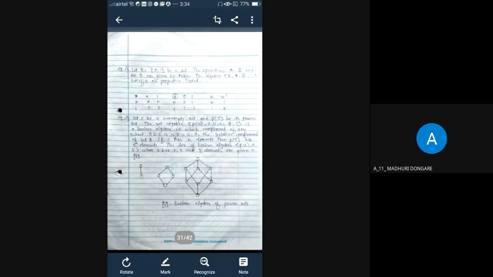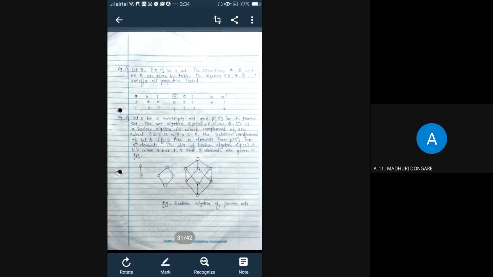1 XOR 1 is 1. 0 XOR 0 is 0. This is the idempotent property. The next operation is the XOR operation. XOR means we are going to check the least upper bound. So 0 XOR 0 is 0, because this satisfies the idempotent property.